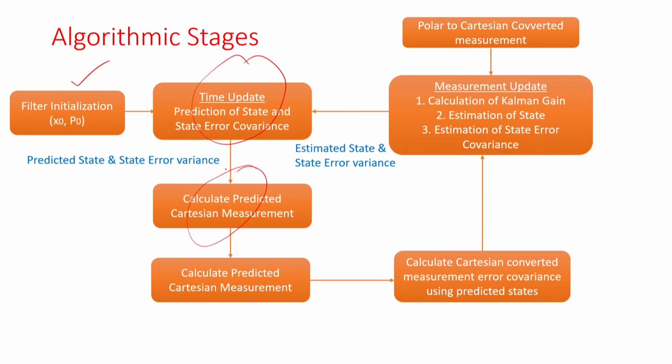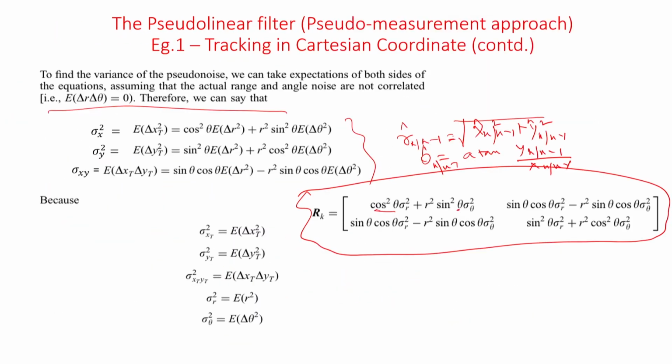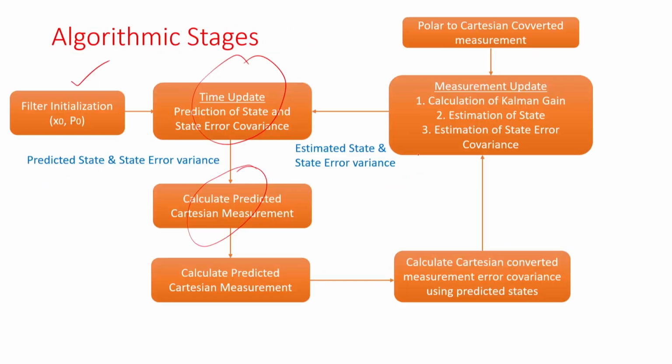Now, you calculate your predicted Cartesian measurements. You have predicted values x k|k minus 1 and y k|k minus 1 for x and y. You calculate your theta and r; I have already shown you how to calculate it. You have x and y, so you can calculate your range and bearing.